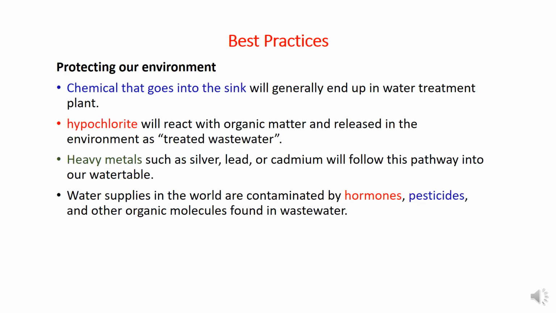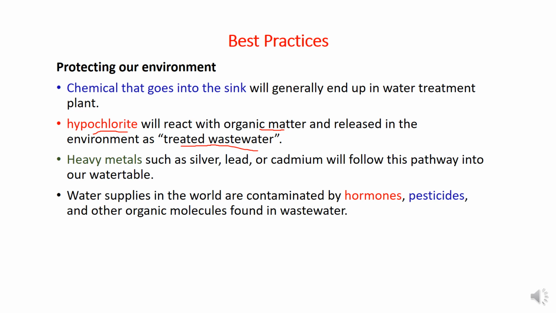In the last couple of slides, I gave one example, I pointed out: never throw any chemical into the drainage. So don't throw any liquid chemical or waste into the drainage in the lab, because it has certain effects on the environment. For example, hypochlorite will react with organic matter and be released into the environment as treated wastewater.